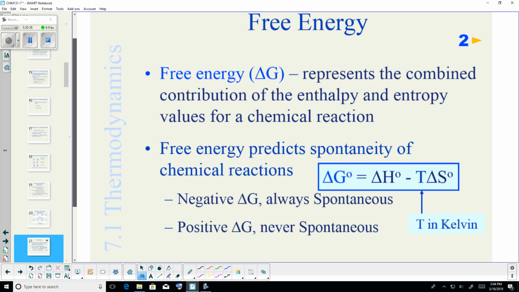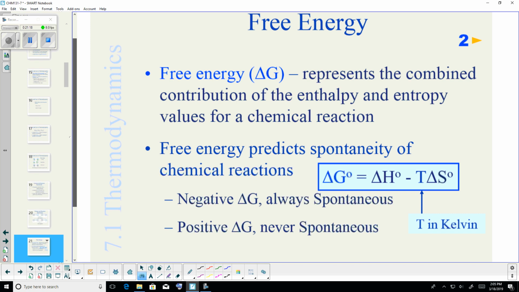Absorbing heat, so delta H is positive. It turns out at 25 degrees, delta G will come out to be negative, so it'll be a spontaneous process.